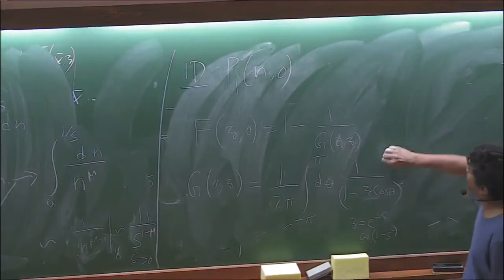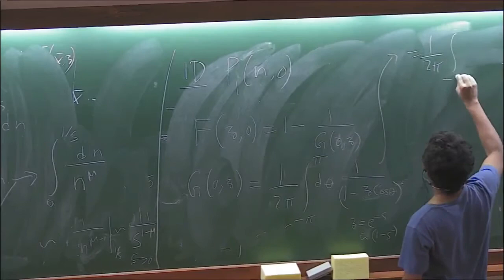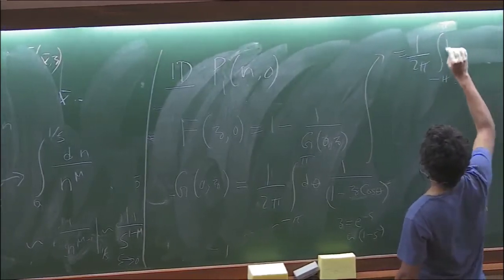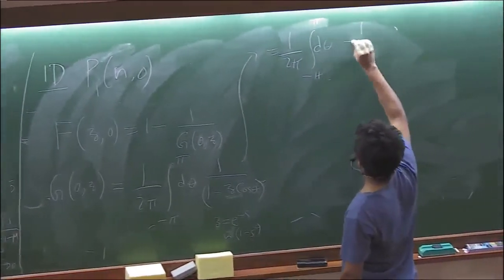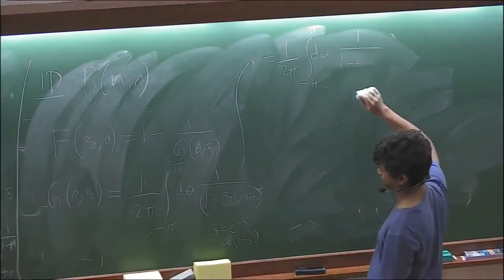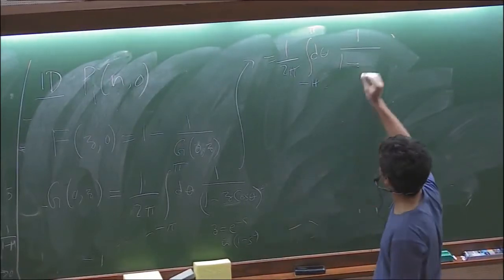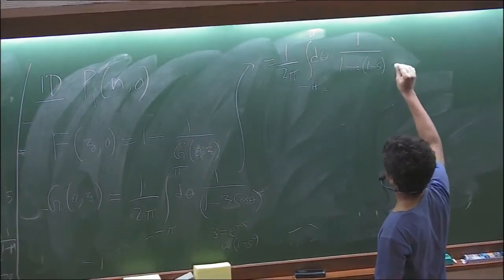So this is basically 1 by 2 pi, integral of 1 by 1 minus z cos theta, where z I can just replace by 1 minus s.